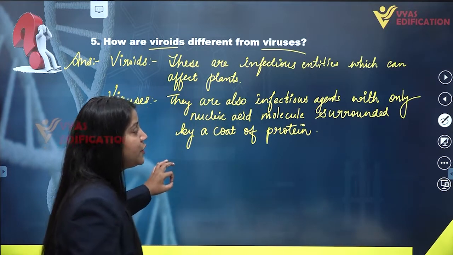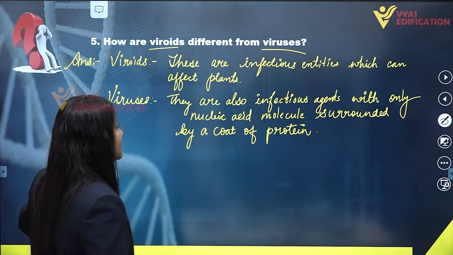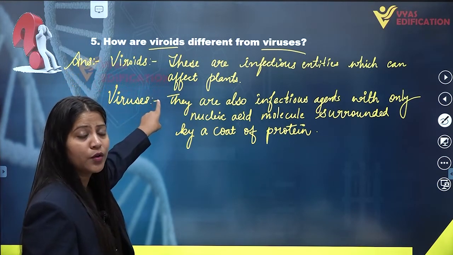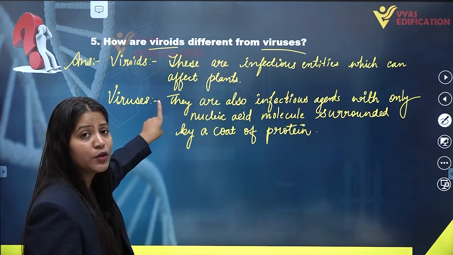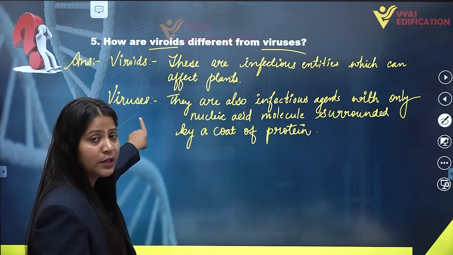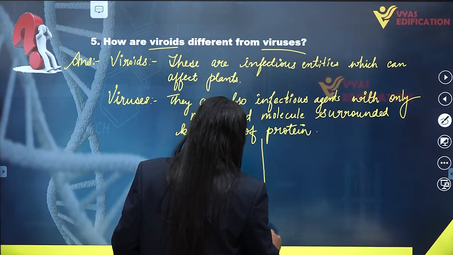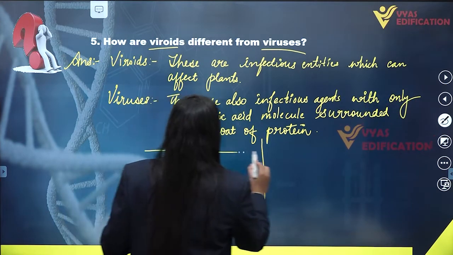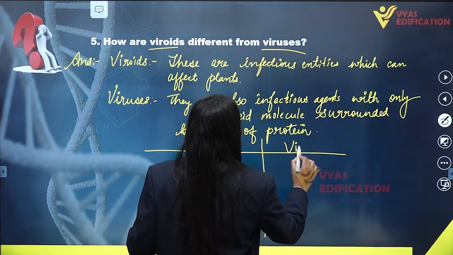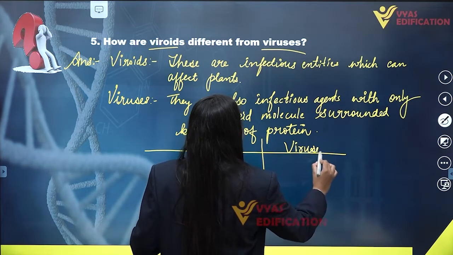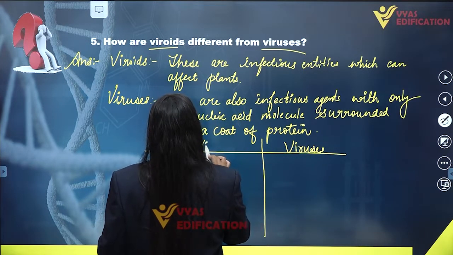Alright, so these are the definitions of viroids and viruses. Viroids lack protein codes, and viruses have protein codes. If we want to differentiate between viruses and viroids, here we are going to discuss viruses and here we are going to write about viroids.